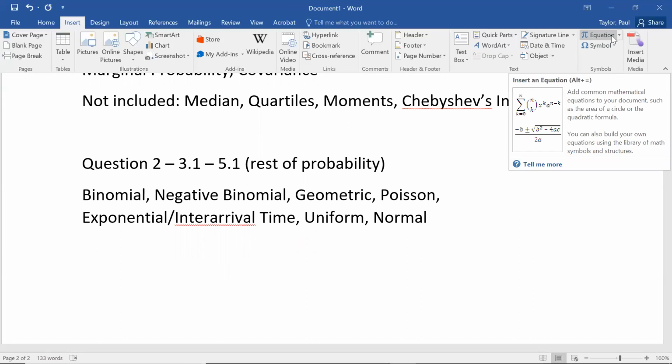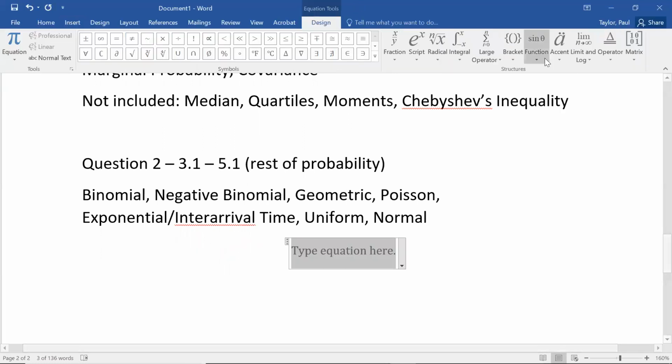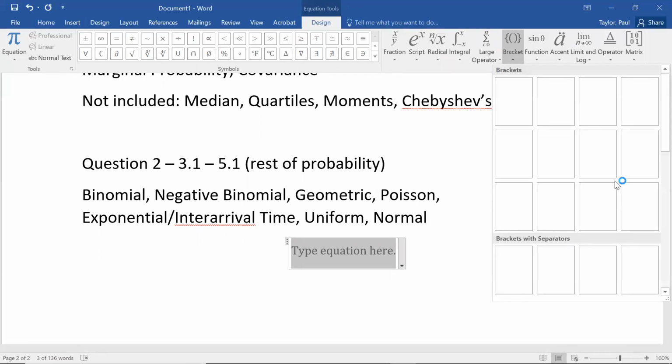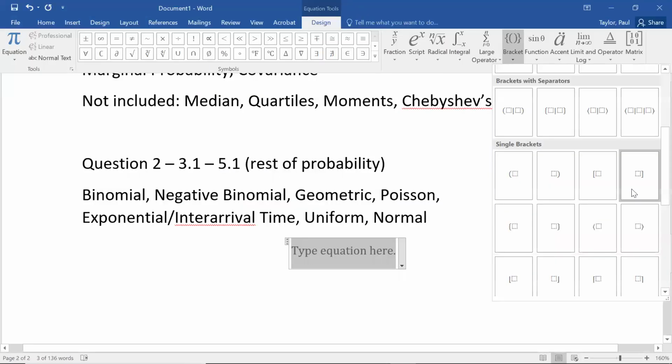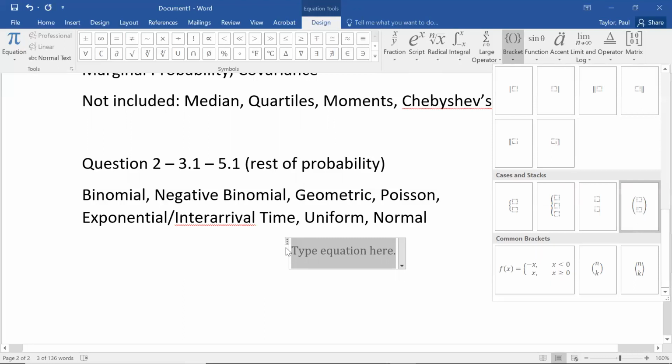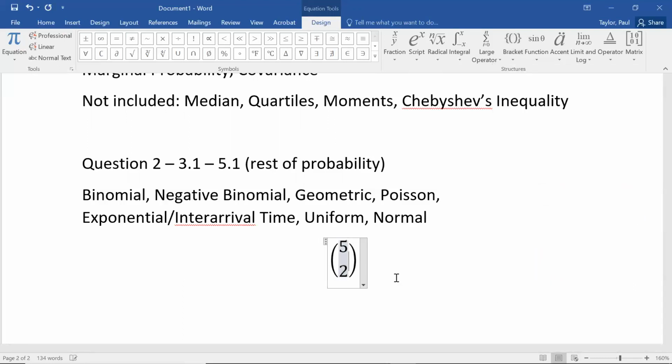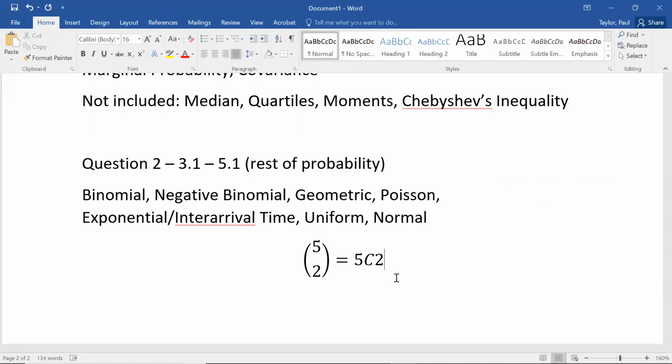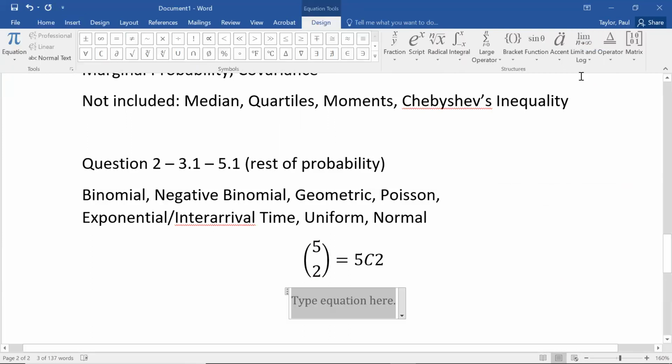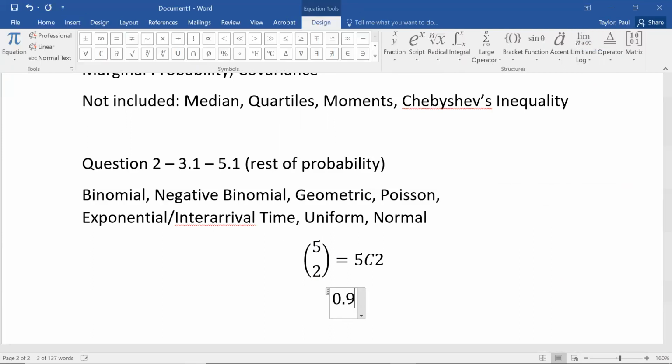For example, a lot of these formulas for binomial and negative binomial involve the choose symbol. If I wanted to do, say, 5 choose 2, you might not be able to type that into D2L so easily, but you could write 5C2, and that would make sense. Another thing there's going to be a lot of is stuff like 0.93 to the power 5.